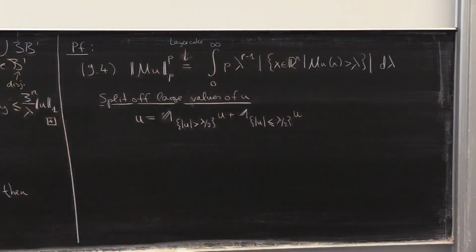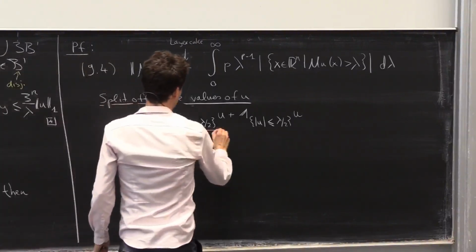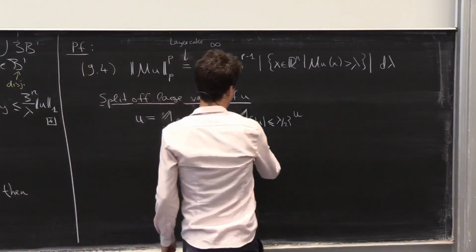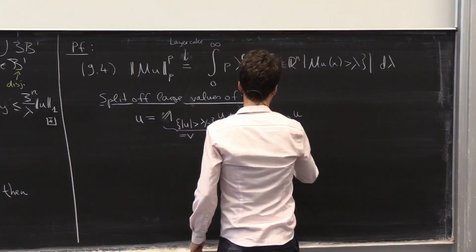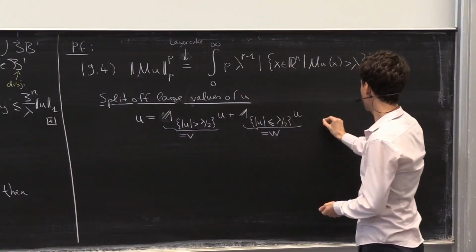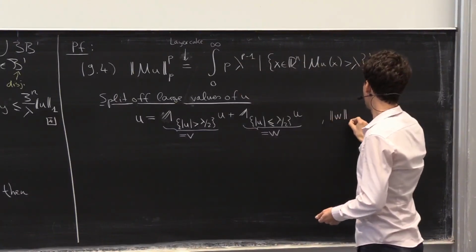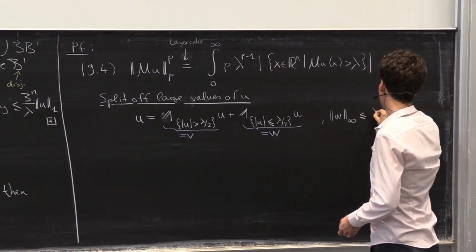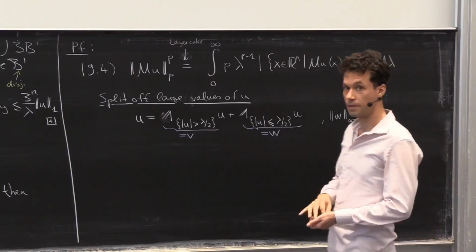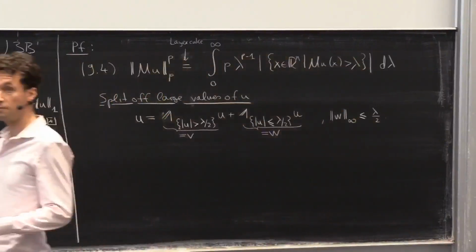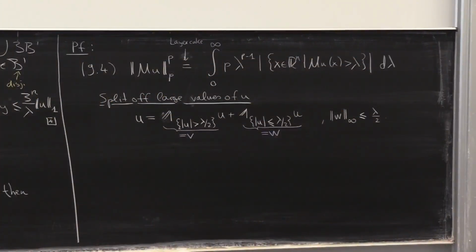Okay, that's a decomposition I can do, and I'm going to call this function v, and this function I'm going to call w, and then w in infinity norm is less than lambda over 2. Okay, so w captures all the small values of u with respect to the scale on which we're working, and v captures all the large values.